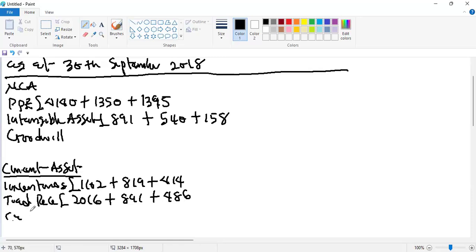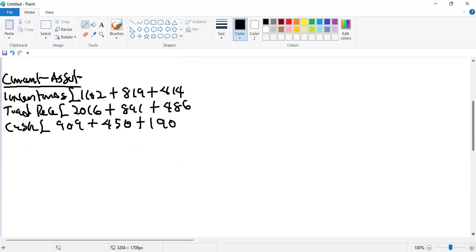Cash: 90 plus 450 plus 190. Total assets.